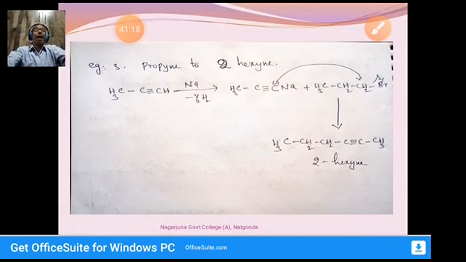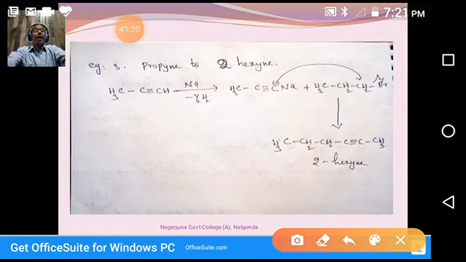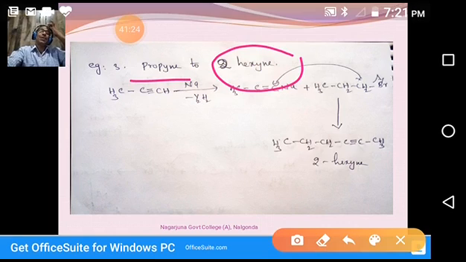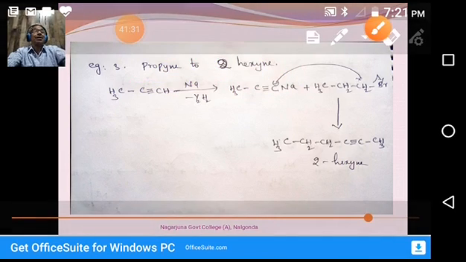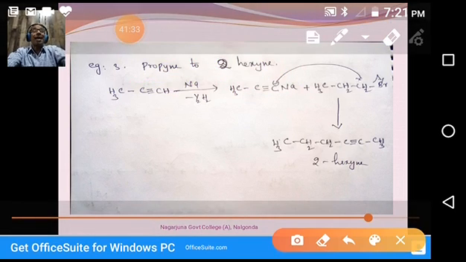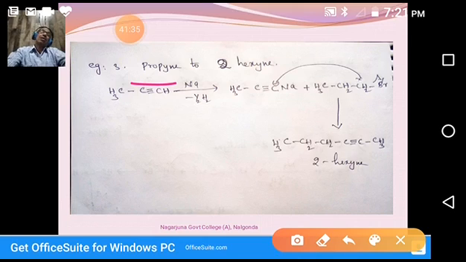See, we have to prepare 2-hexyne from propyne. So what is happening here? Both are alkynes. We have to synthesize a 6-membered alkyne from a 3-membered alkyne. So what do we have to do?